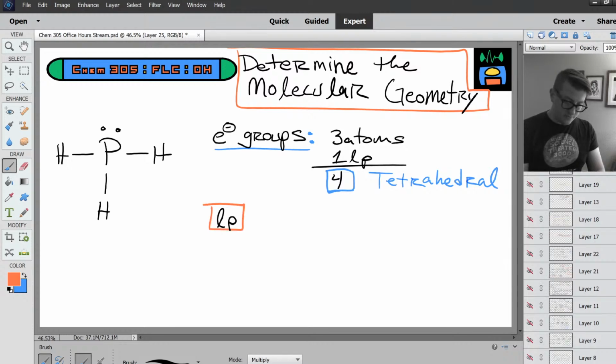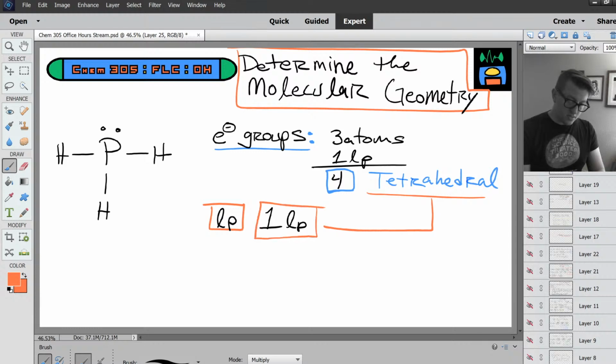And we have 1. So whenever you have one lone pair combined with a tetrahedral electronic geometry, that makes your molecular geometry trigonal pyramidal.